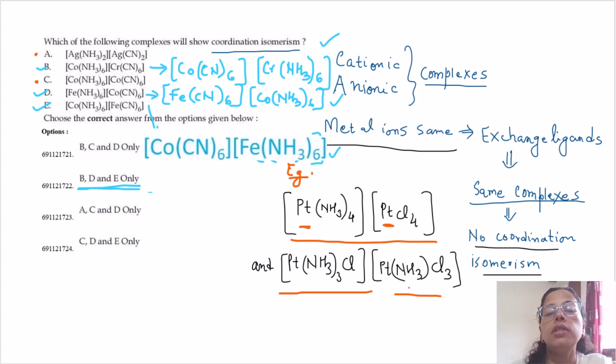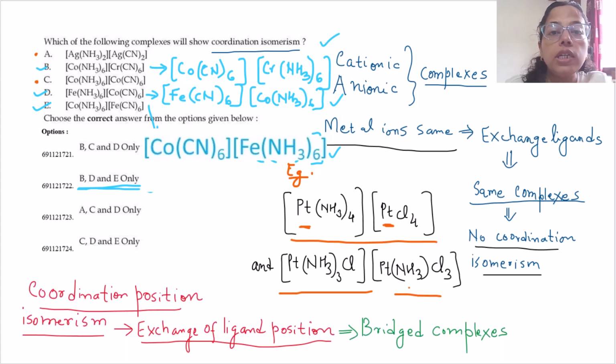In addition, there is a similarly named isomerism, coordination position isomerism. It also happens because of the exchange of ligand positions, but it is mostly observed in bridged complexes, not these simple complexes, but bridged complexes where two metal ions are bridged through a ligand, and additional ligands can exchange positions across the complexes.